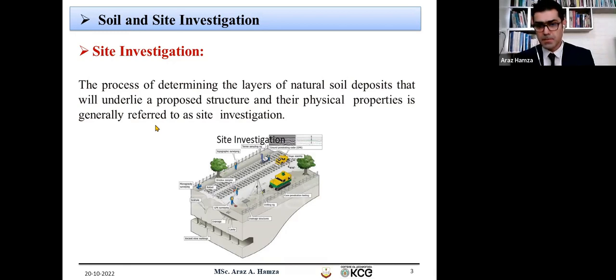This is the process which is named site investigation, the process of determining the layers of natural soil deposits that we are using for our structure. It means this is the main requirement for every project.